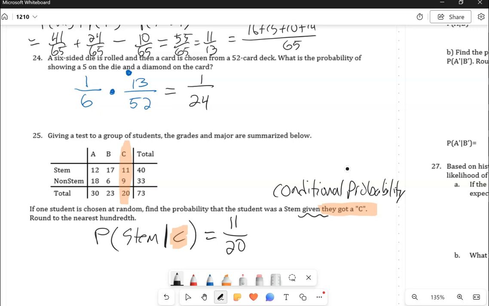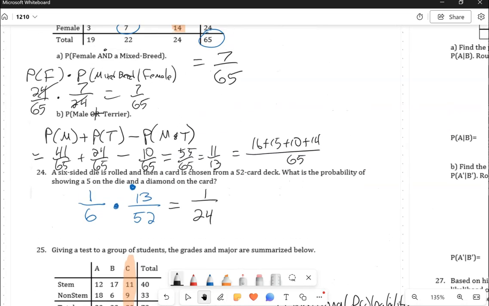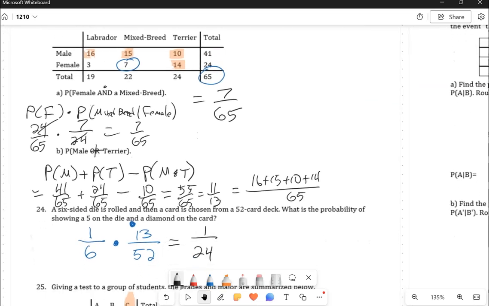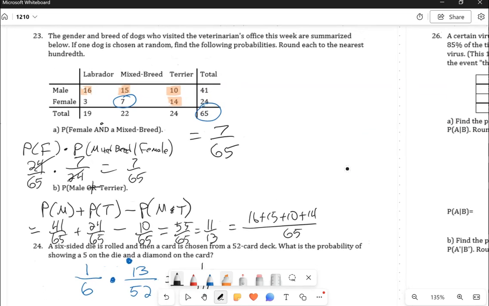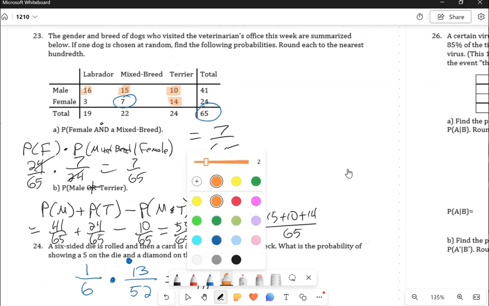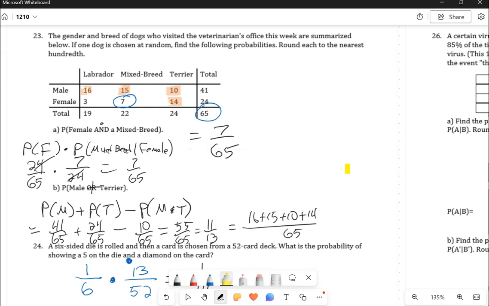Now that we've reviewed that, I can go back to number 23. Mixed breed given female. If I highlight the female, now you can see the mixed breed were 7 and the total were 24. That's where that number came from.